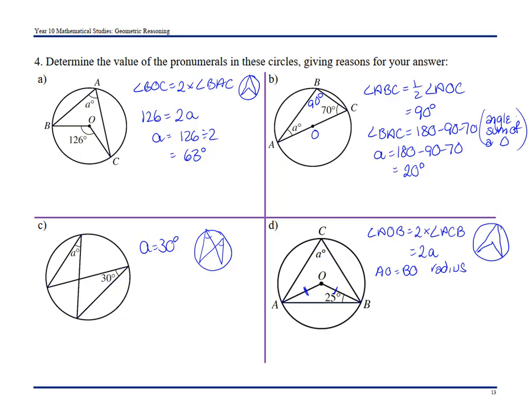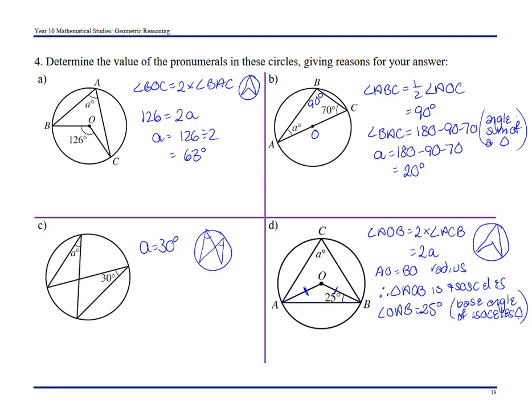That means, therefore, triangle AOB is isosceles. And angle OAB has to equal 25 degrees because it's base angle of isosceles triangle.